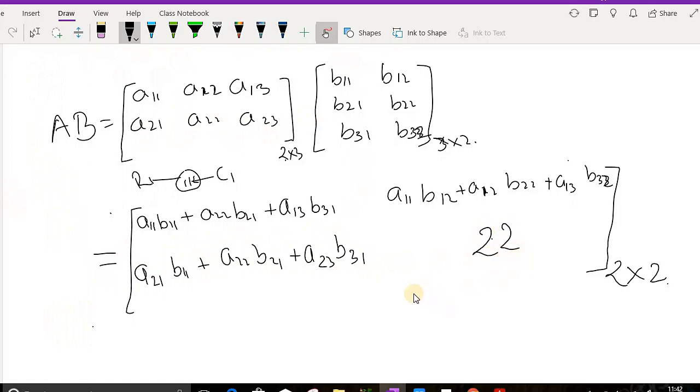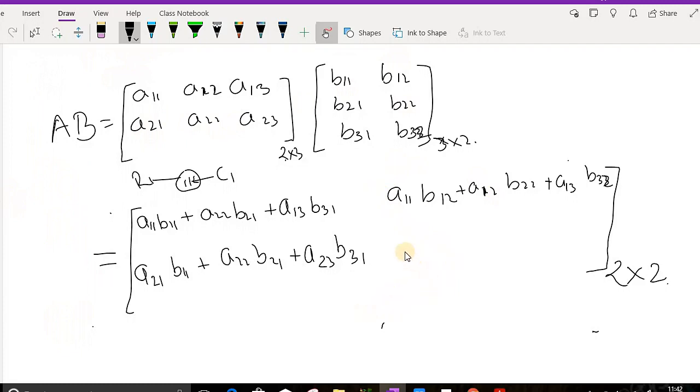This is the 2,2 position, so we have to multiply R2 with C2 of the second matrix: row 2 of the first matrix and column 2 of the second matrix. So this is very positional. If you understand the positions well, it will be better for you. Here there are 3 elements and here 3 elements, so we multiply directly: rotate, multiply, add.